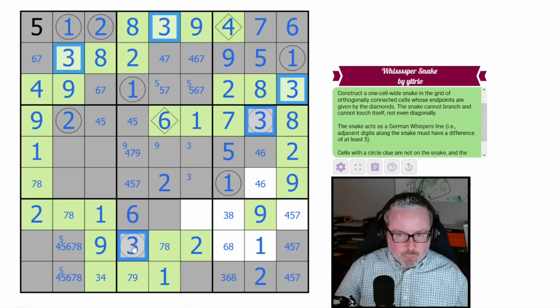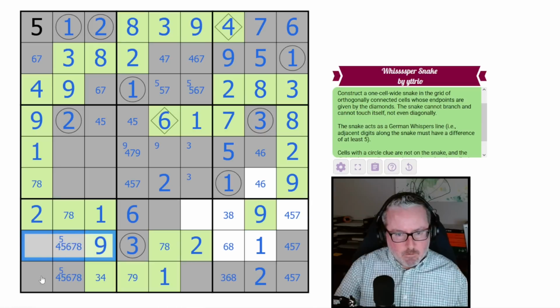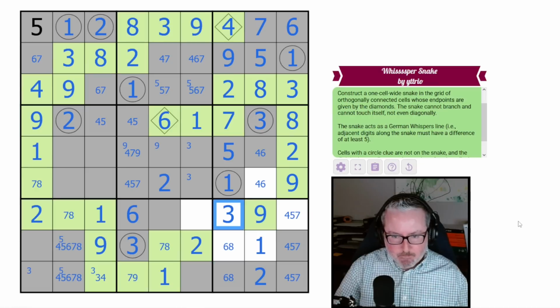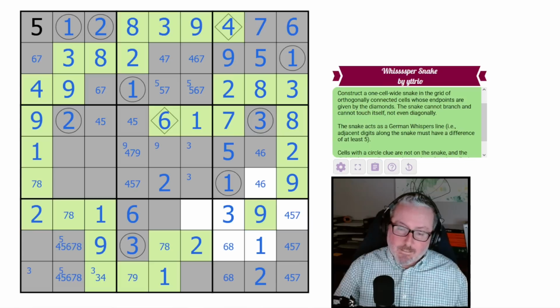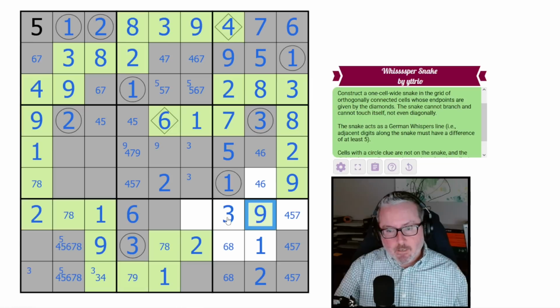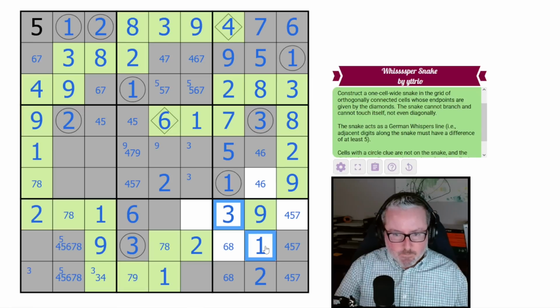Anything else? Okay, well, we know one of these is a 3, which means this isn't, which means this is. Now, has that helped us any? The answer is not necessarily, because this 9 can still go into either one of these 2.